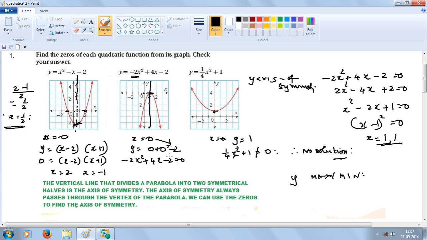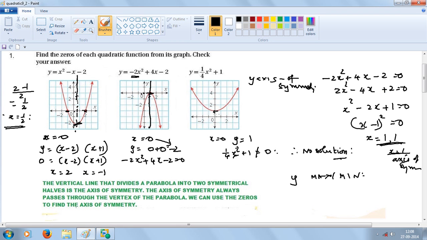What about the second case? In the second case, x is equal to only 1. So x is equal to 1 is the axis of symmetry. It passes through x equal to 1 and is parallel to the y-axis.